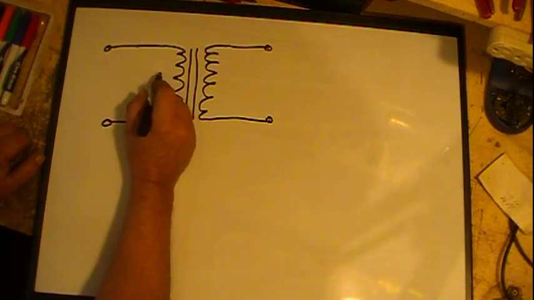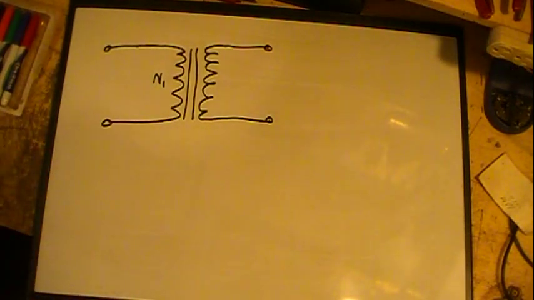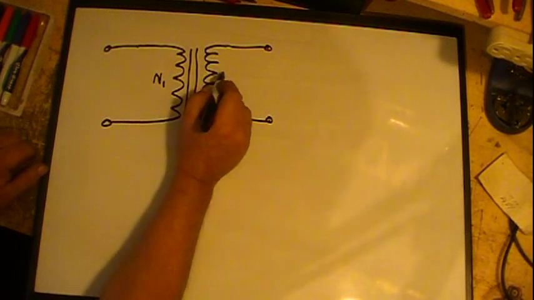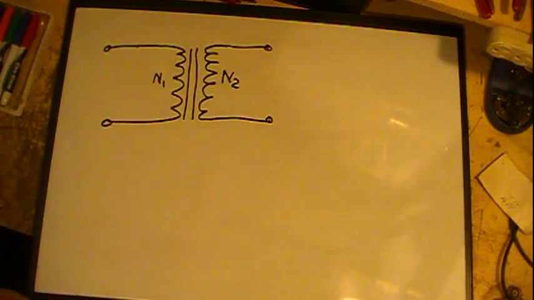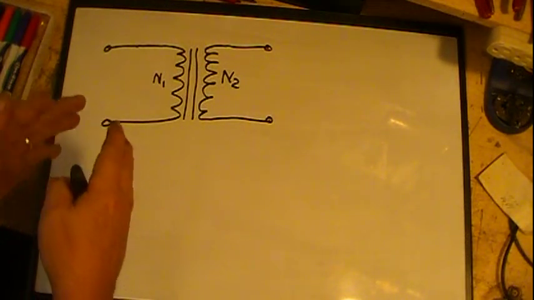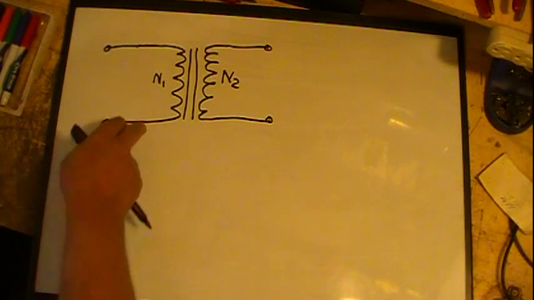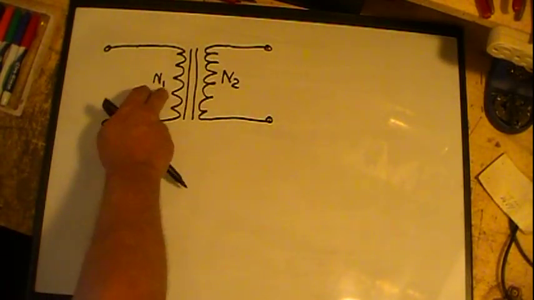We'll call this, on the primary, the number of turns N1, N for number of turns. N2 is the number of turns on the secondary. Now an N1 to N2 ratio is the turns ratio. So there could be 10 turns here and 100 turns here, so it'd be 1 to 10.